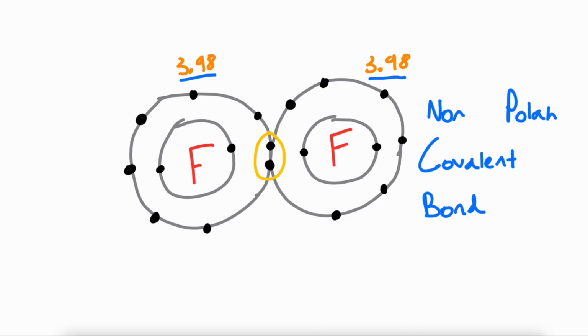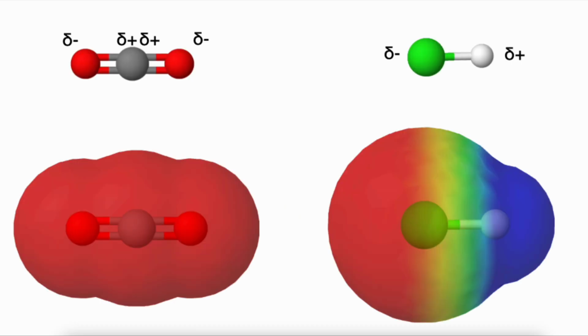Nonpolar covalent bonds, such as this one found in fluorine gas, will exist amongst atoms with the same electronegativity or a symmetric atomic structure. To finally finish off this video, I'd like to reiterate some of the points with some drawings that might make more sense. Let's imagine that this molecule here on the right is hydrogen fluoride, this being the fluorine atom and this being the hydrogen atom.